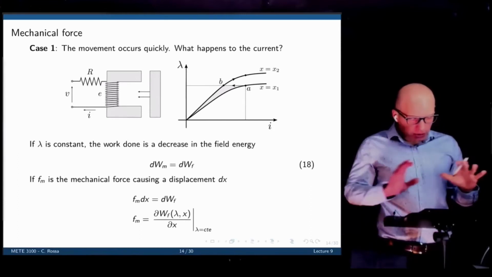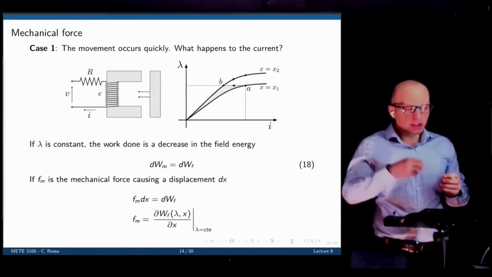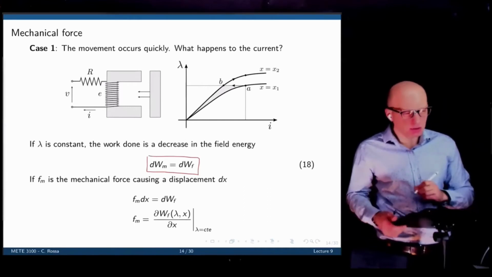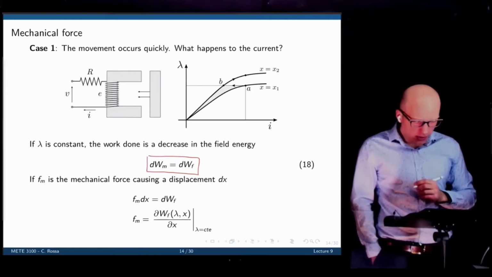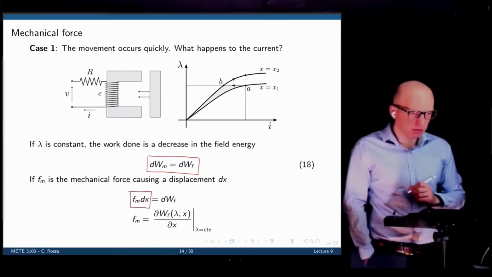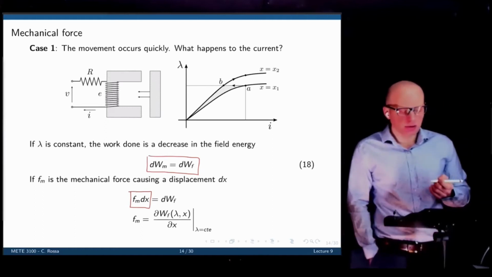And now we can say that this change in field energy will be delivered to the mechanical energy. So any change in field energy results in changes in the mechanical energy. What is a change in the mechanical energy? That is simply the force times displacement. Force times displacement is the work.